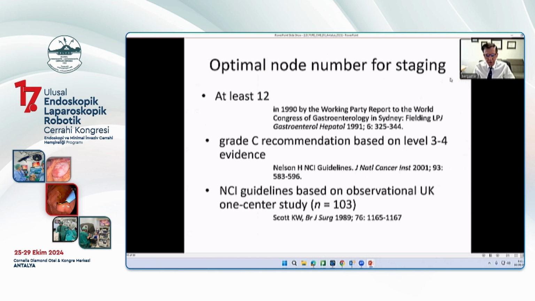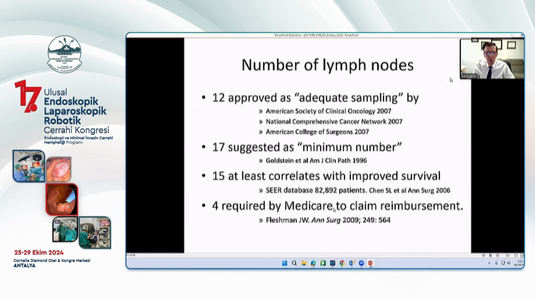Strangely enough, the National Cancer Institute guidelines in the United States are based on one observational study in the UK with only 103 patients from 1989. But a lot of societies in the United States have approved the number 12 for lymph nodes. Some others disagreed, and some even correlated a number to improved survival.